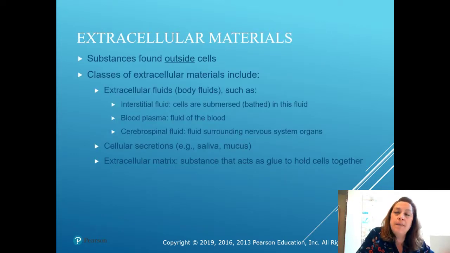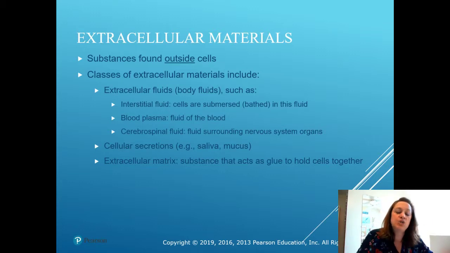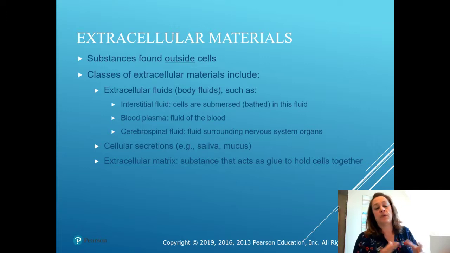So when we talk about cells inside the body, of course, cells work together to make up a tissue. And so the cells themselves are just one part of a tissue from an A&P perspective. So we have the cells, and we have other things. We have extracellular fluid, which is interstitial fluid, plasma, cerebrospinal fluid, any kind of body fluid in the body.